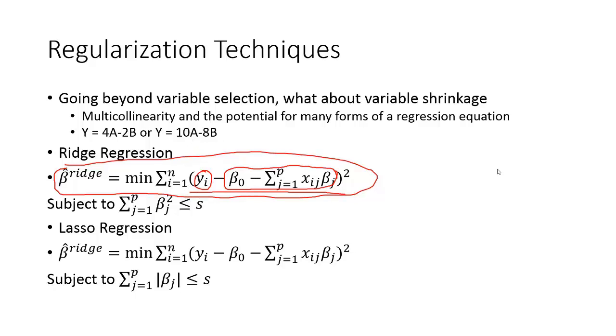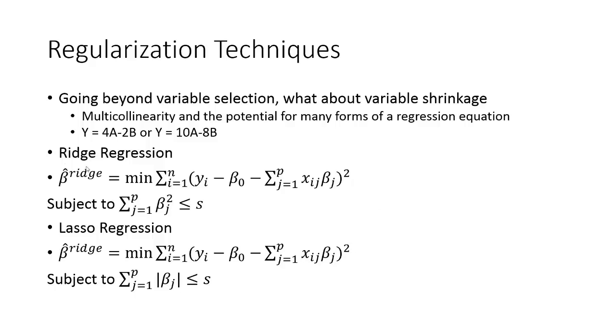But in addition to that, what we do with the ridge regression is we do this optimization with a constraint, and the constraint can be written like this. The constraint is that, subject to some beta, you take each beta, which is each coefficient, square it, and the sum of those squares should be less than some value s, right?